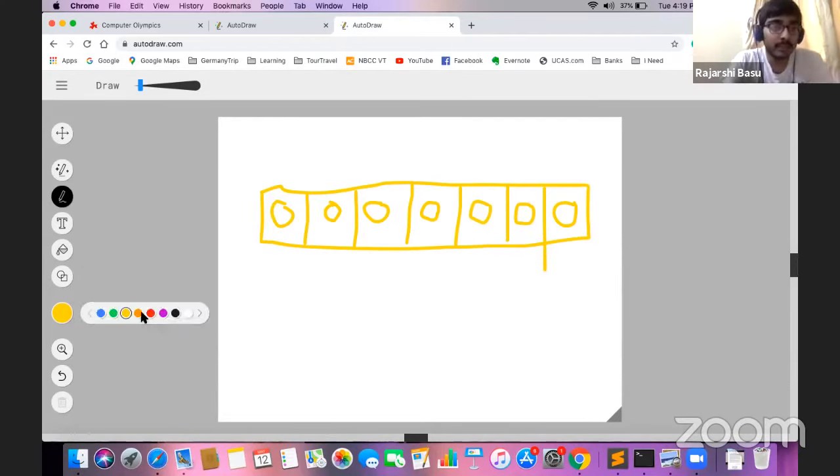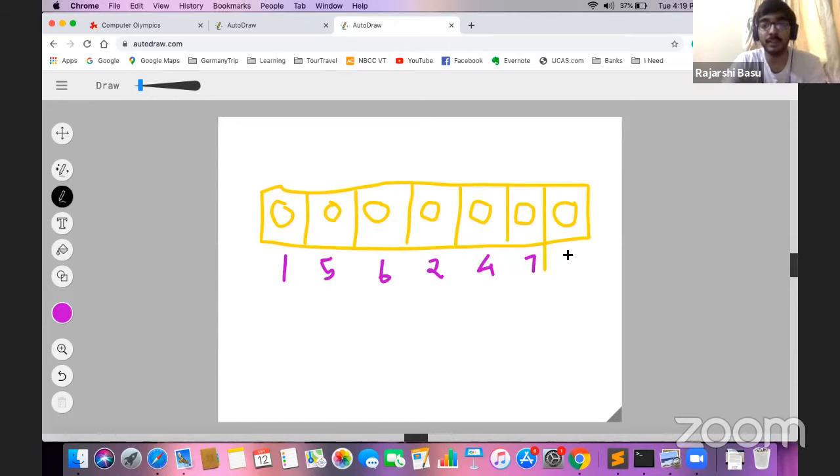So the numbers here, let's say we will just randomly do a permutation 1, 5, 6, 2, 4, 3, and what do we have left? Okay, let's put 7 here. Okay, so this is our array.